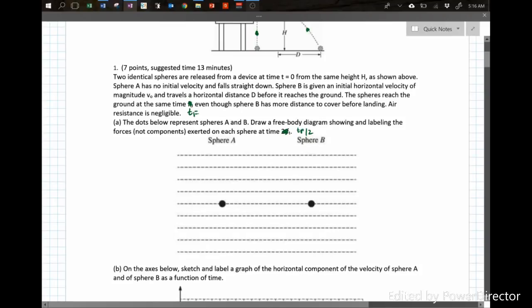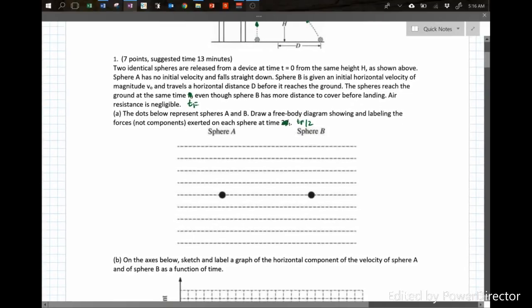Now, when we draw a free body diagram, let's be very careful about it. As we do this on the AP test especially, forces must start on the dot representing our object, and then they must point in the direction of the force.